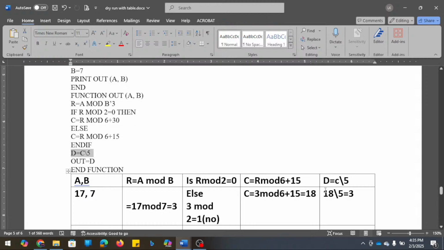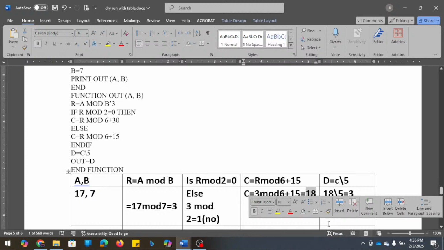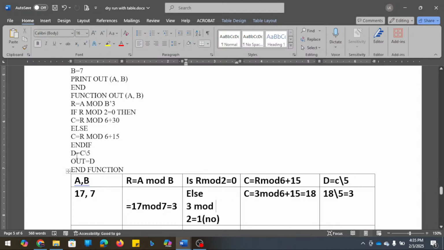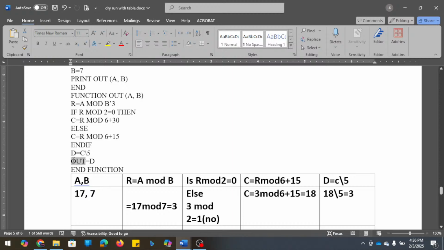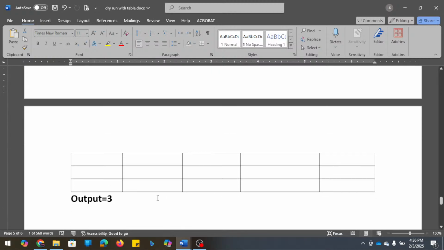So this means we get the integer part only. What is the value of C? That is 18. 18 divided by 5 gives us 3. What is the value of D? That is 3. And this D is stored in the function name, that is out. So we get here 3.